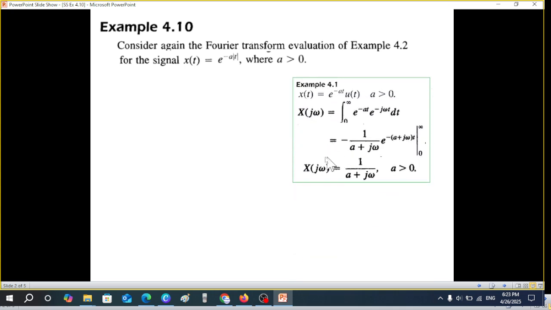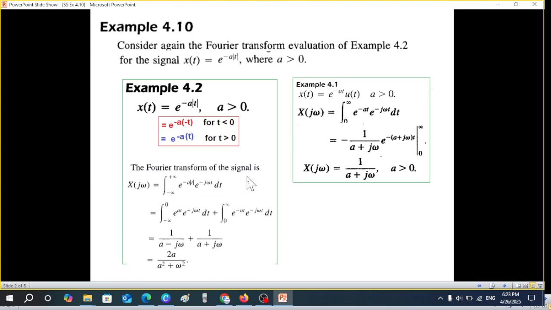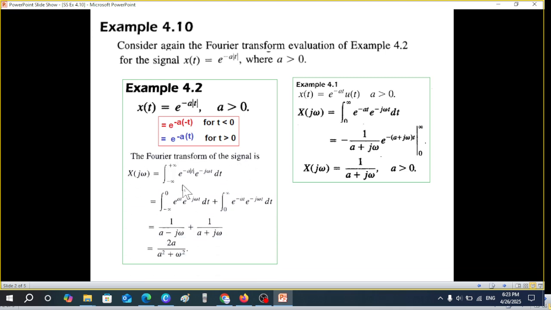First of all, 4.2 is the same question and it is solved in a manner as discussed here. The integral from minus infinity to plus infinity, according to the definition, is broken down into two parts, minus infinity to 0 and 0 to infinity.